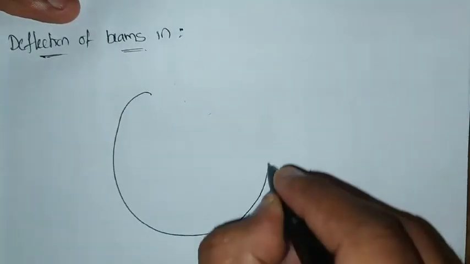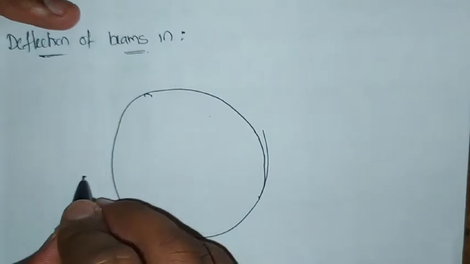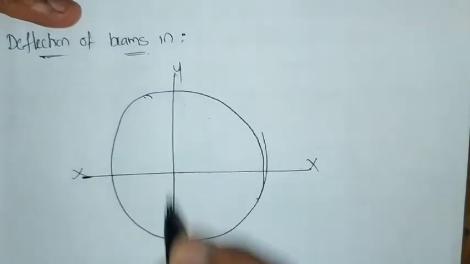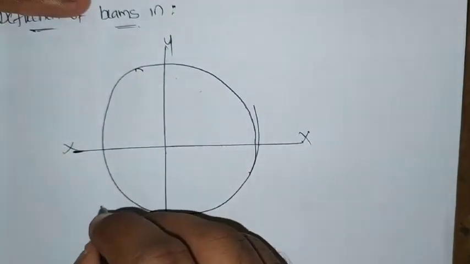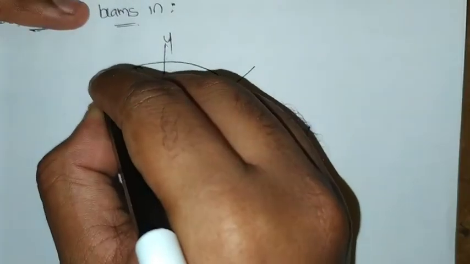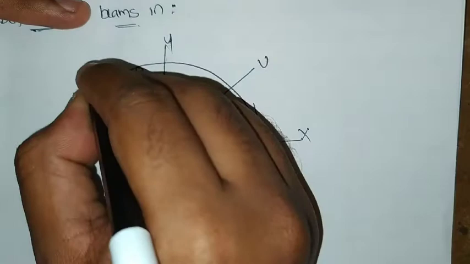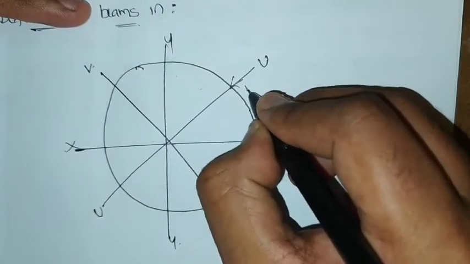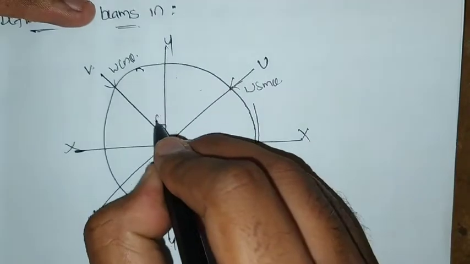If you consider one circular section, this is the centroidal axis x, and this is y, and from the previous figure, the coordinates u, v are going to come up, and this is W sin theta, and this is W cos theta, and here we are going to get the theta.